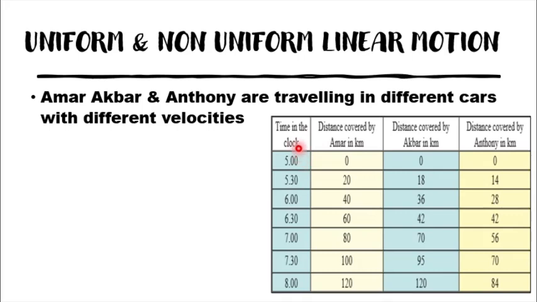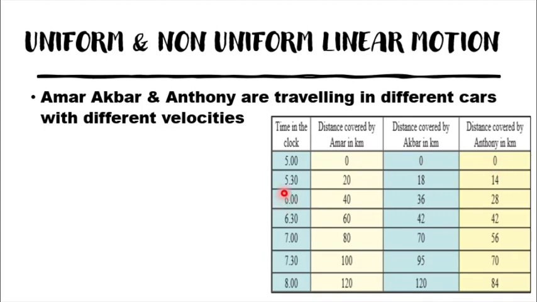So here in the first column, the time interval is given. If you look carefully, there is an interval of 30 minutes. First it is 5, then 5:30, then 6, then 6:30 and so on. The distance covered by Amar, Akbar and Anthony is given. At 5 o'clock, they all are at 0 kilometers.